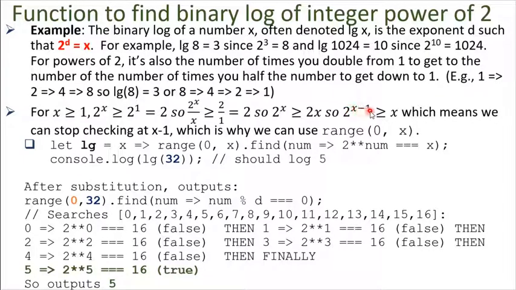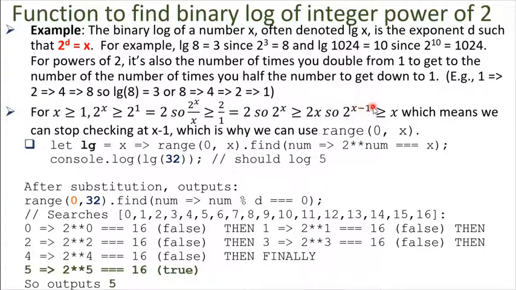Because you know that 2 to the 1023 would be greater than or equal to 1024. As I said, this is a much larger number. 2 to the 1023 is much larger than 1024, but it's just an upper bound, a place that we can stop checking.